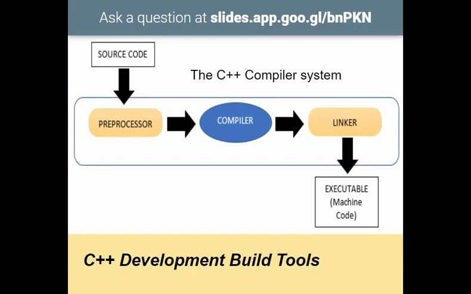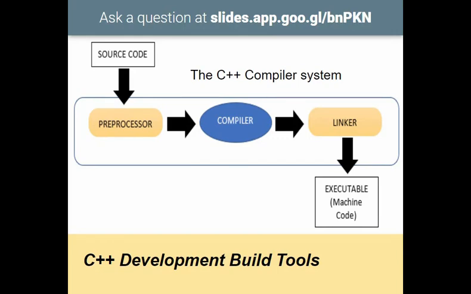For example, if you're going to run a program in C++, the code, the syntax that you are typing in your phone or in your computer, is what you call the source code. It will be processed in the preprocessor and forwarded to the compiler to analyze the code that you had written in your phone or in your PC.